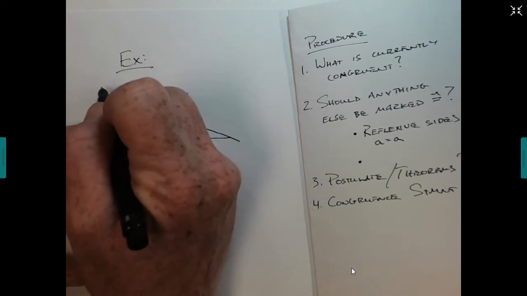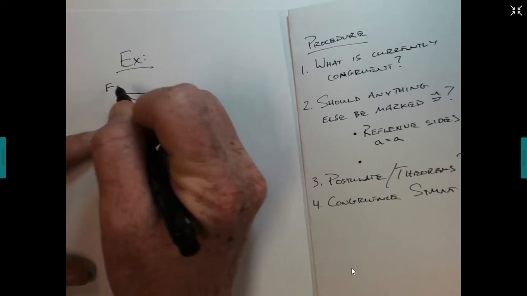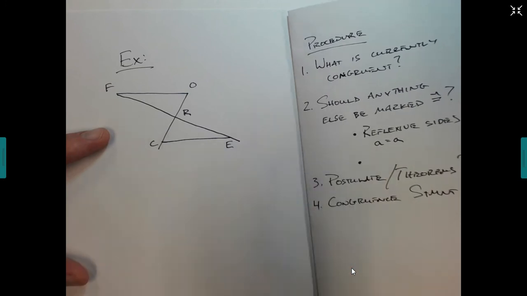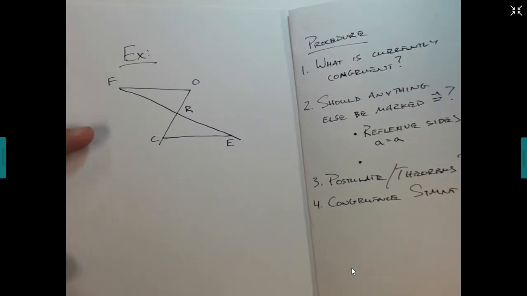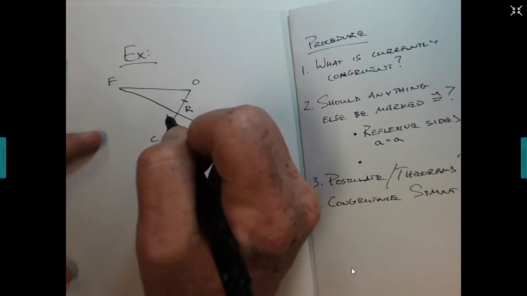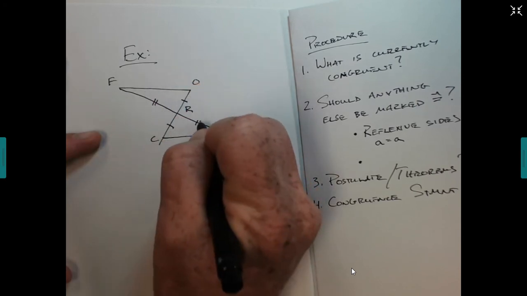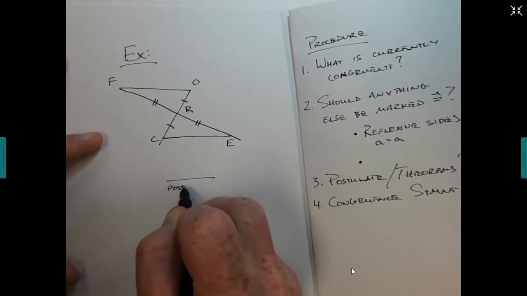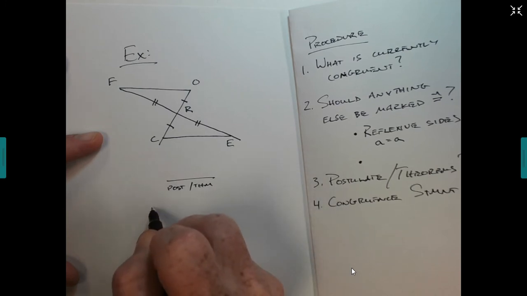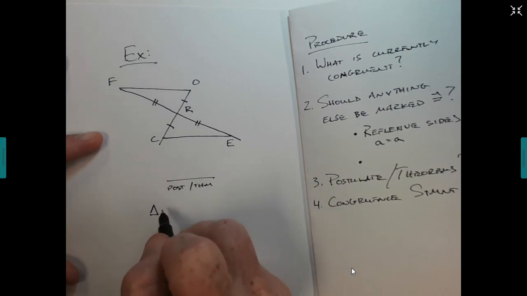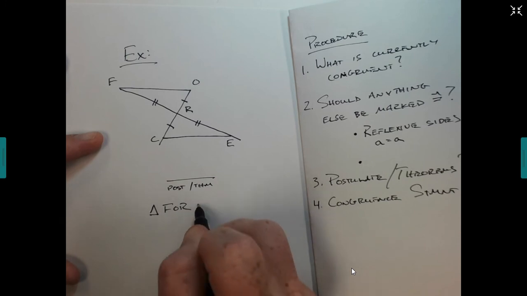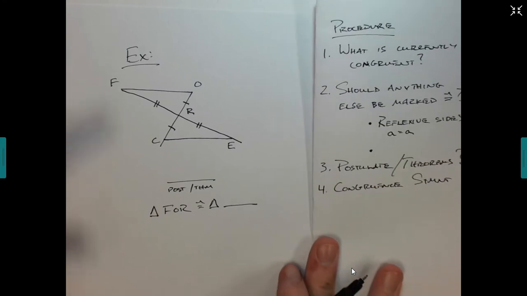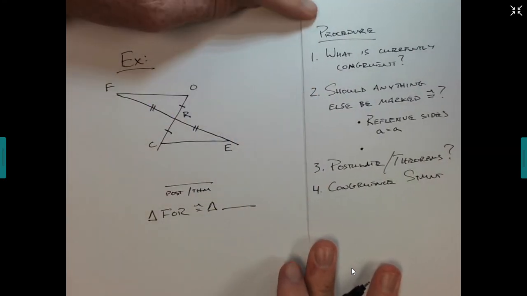But let's throw some letters on there. Let's say maybe we were given that this side is congruent to this one and this side is congruent to this one. We're going to try and find out our postulate or theorem. And if we do, we're going to want to complete our congruence statement.